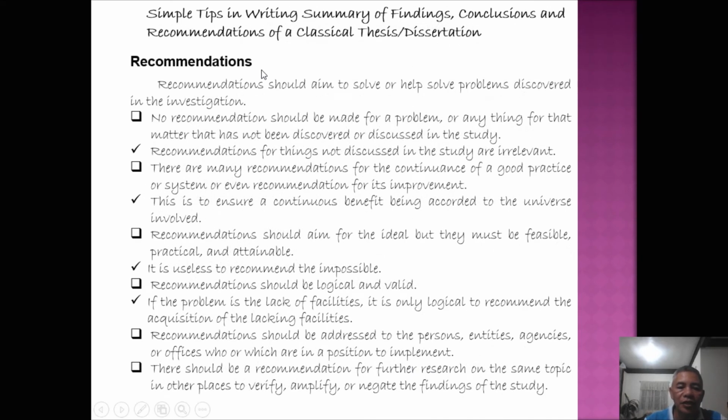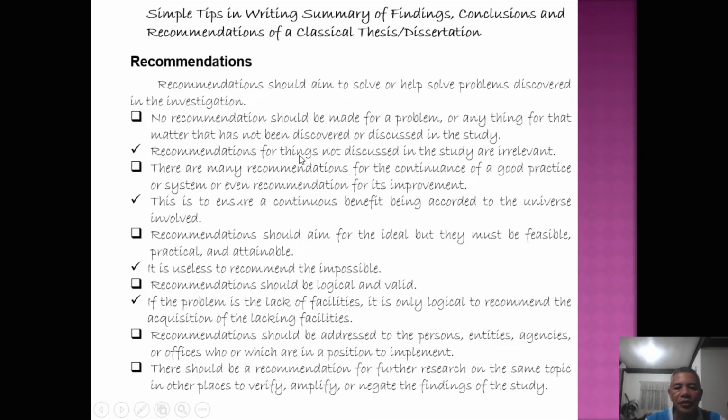On recommendations, recommendations should aim to solve or help solve problems discovered in the investigation. These are the tips. No recommendations should be made for a problem or anything for that matter that has not been discovered or discussed in this study.